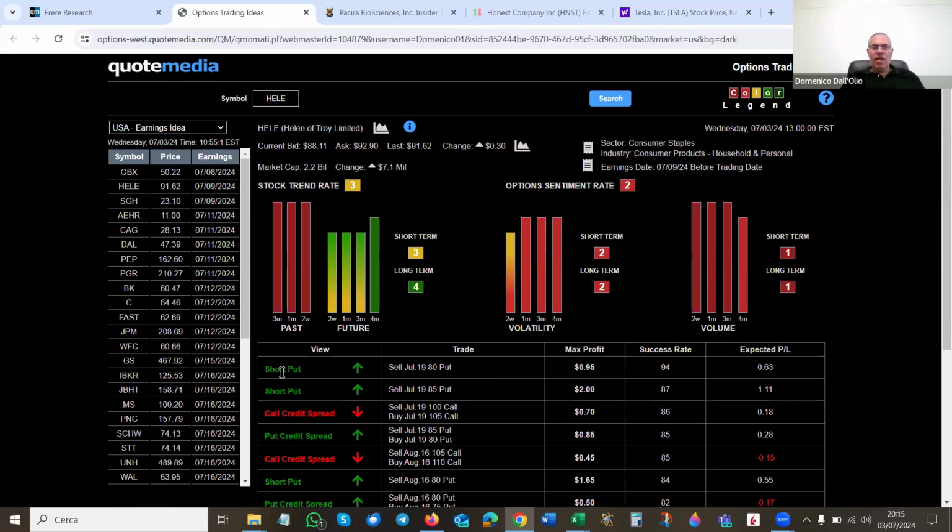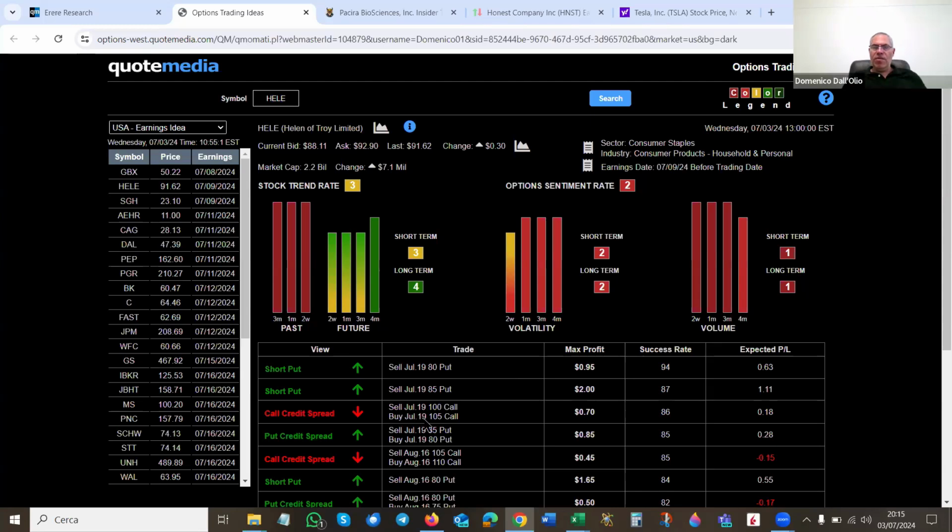For instance, you see here we have a short put, expiration July the 19th, the strike is 80. The credit expected, the maximum profit is the credit, which, by the way, is calculated hitting the bid side of the book.